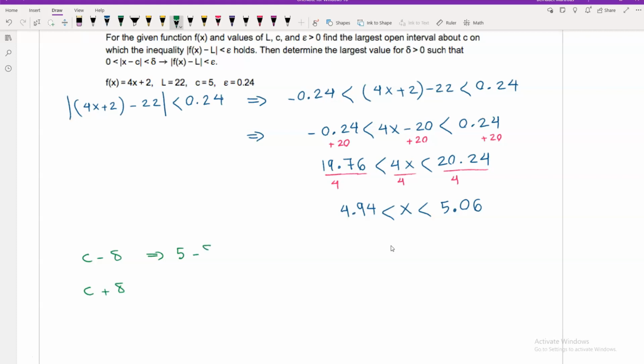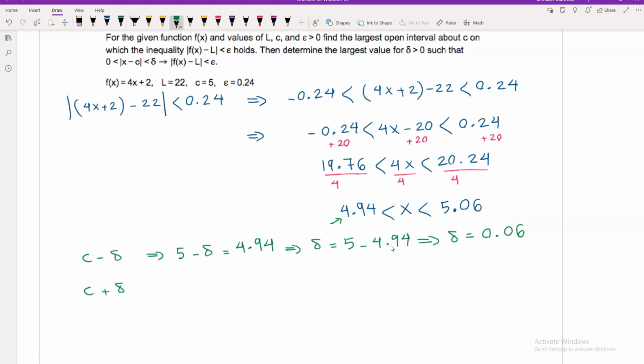We have to find delta, and 5 minus delta is equal to this number, 4.94. Now solve for delta. Delta is equal to 5 minus 4.94. So delta is 0.06.